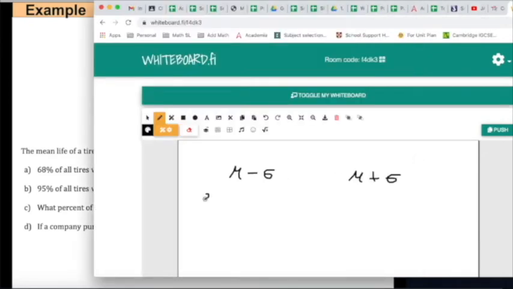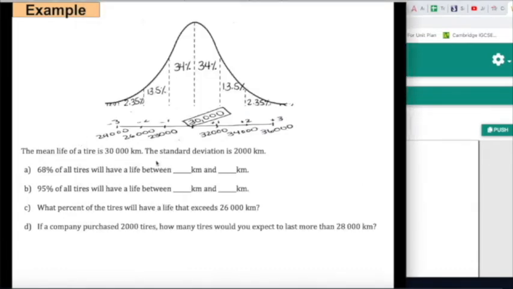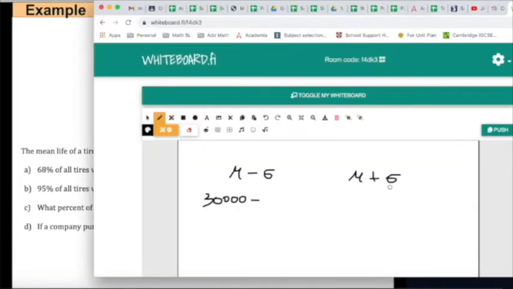So that's 30,000 subtracted by standard deviation 2,000, and over this side is 30,000 plus 2,000.